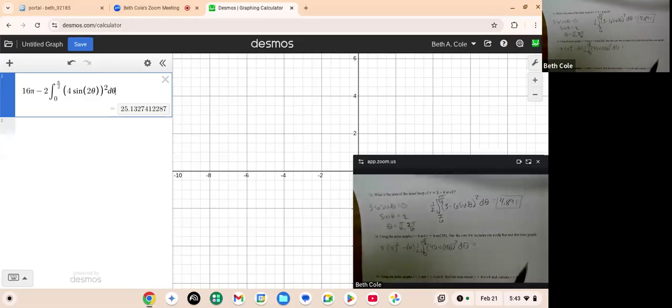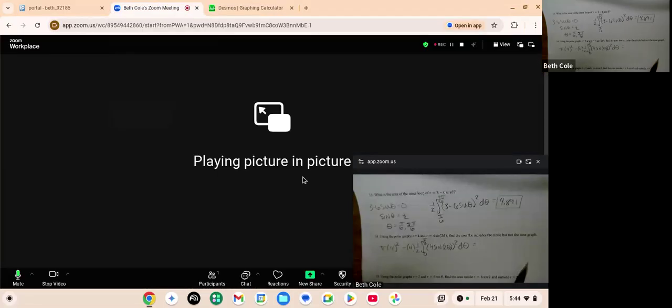All right, 25.132. So we're doing the circle, which is pi r squared. That would be 4 squared times pi, so 16 pi, minus all 4 petals of that rose graph, so 25.132.